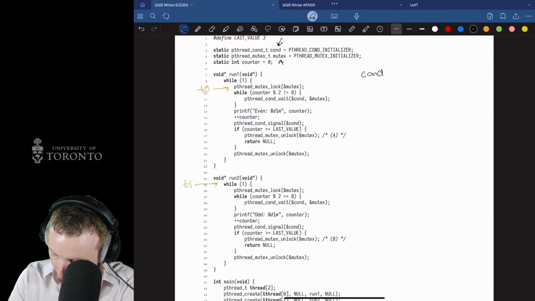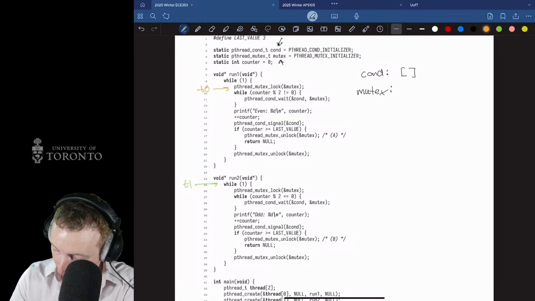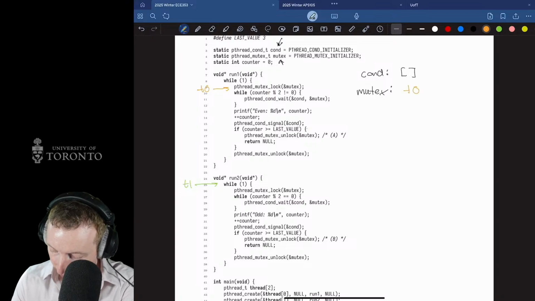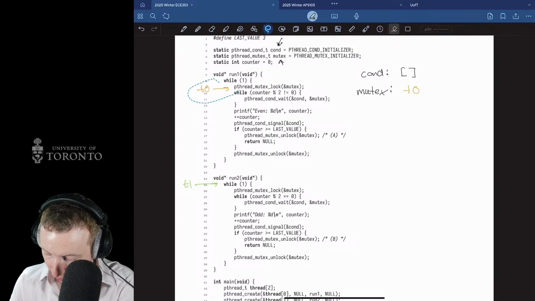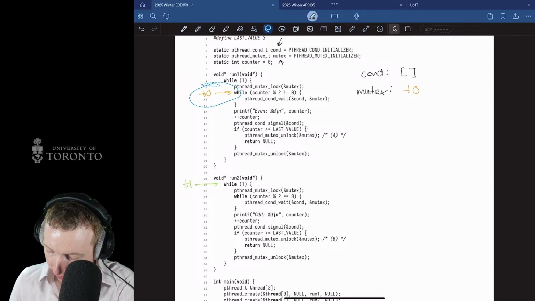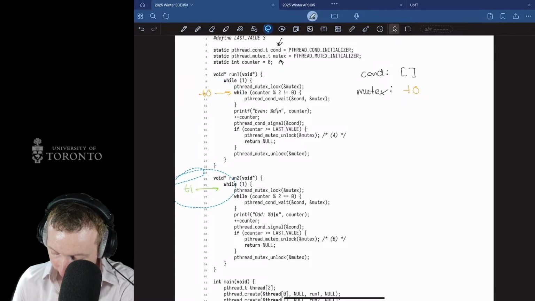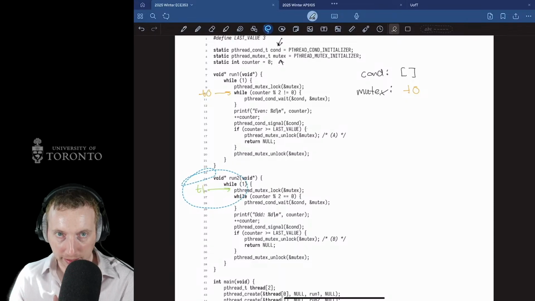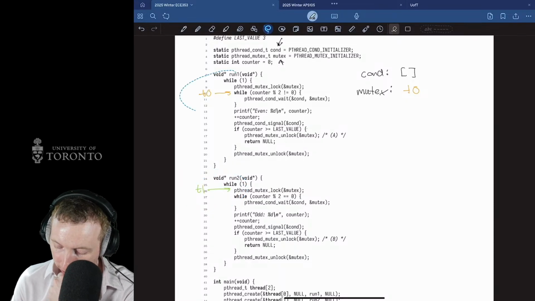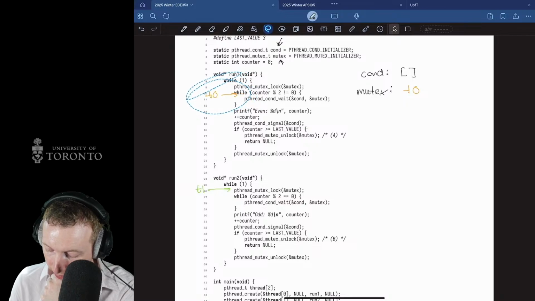If I'm following this, the cond, which is our queue, has nothing in it, and the mutex. Well, if I pass by this call, then thread 0 has that mutex, so it would go in here. If I context switch to thread 1, it would hit this lock call, can't make any progress, so I have no choice. I have to continue with thread 0.